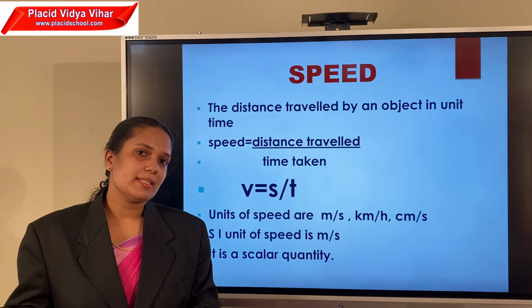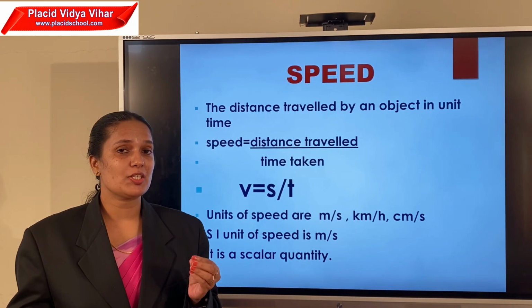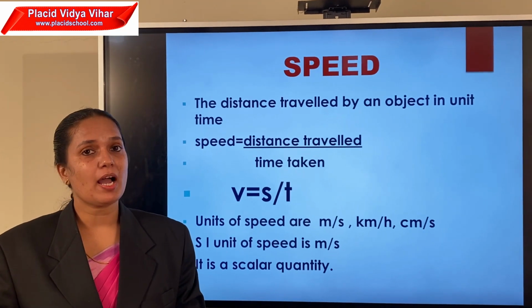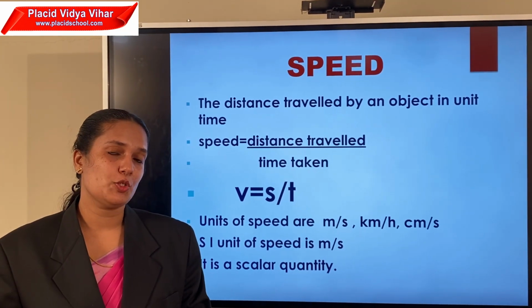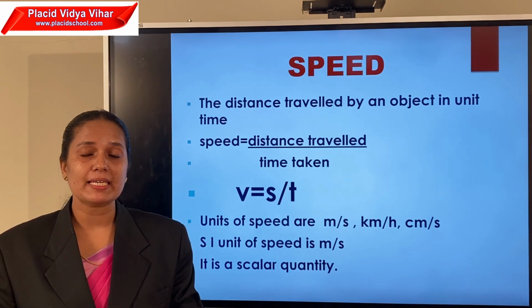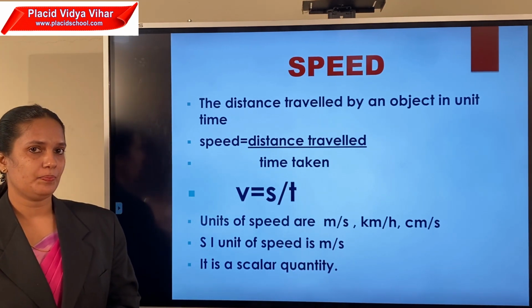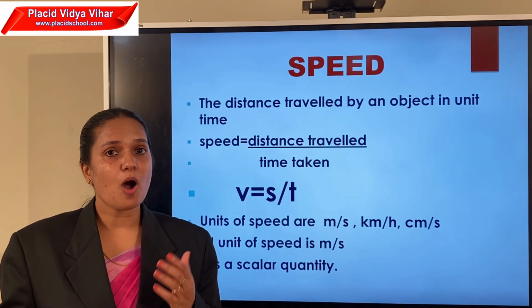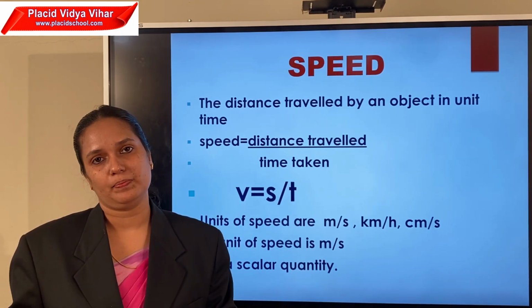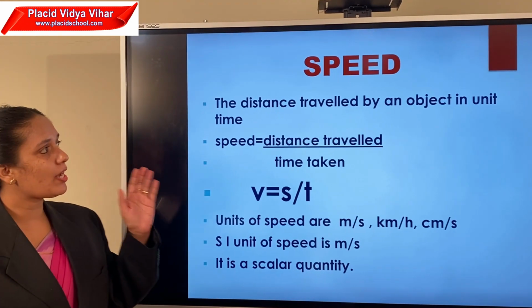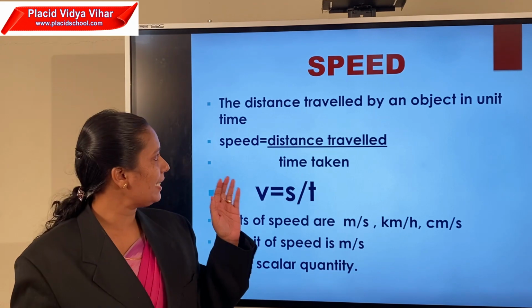Next we are going to discuss how to measure the rate of motion of an object. So here we have two physical quantities to measure the rate of motion of an object. They are speed and velocity. Then what is speed? Simply we can say how fast you are traveling. Speed is defined as the distance traveled by an object in unit time.